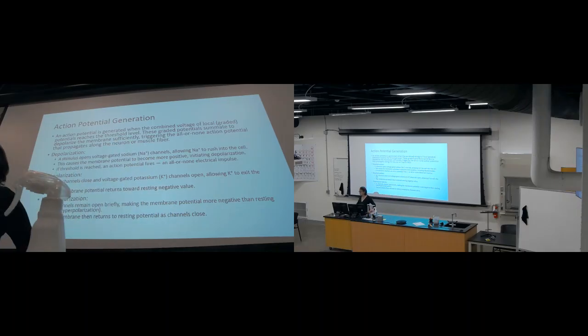You close your sodium channels using the inactivation gate, so that the pore closes and you don't have more influx of sodium. And then you open your potassium channels so that you have exit of potassium from the cytoplasm into the extracellular space, and that returns to the negative value.